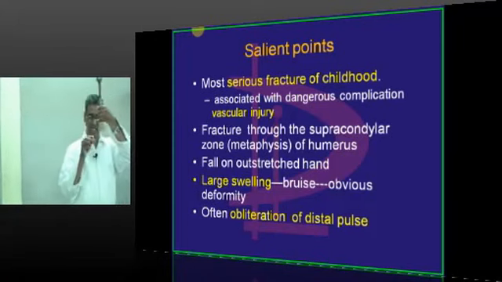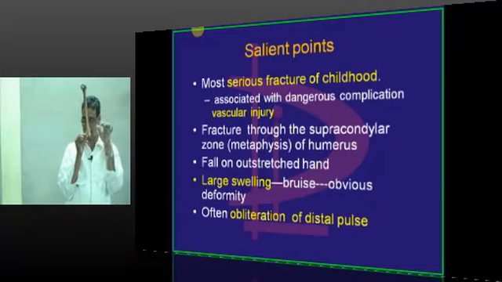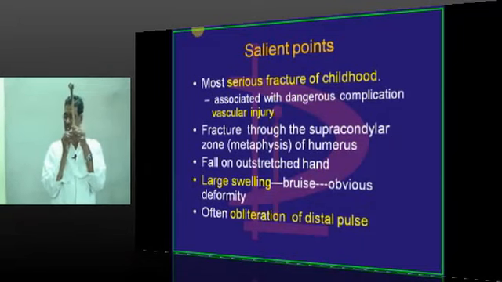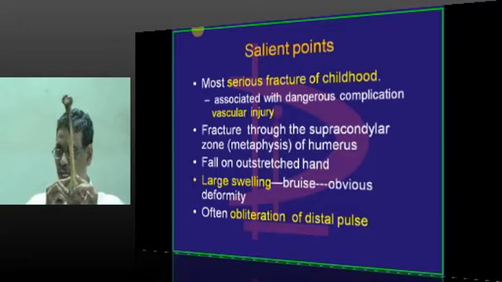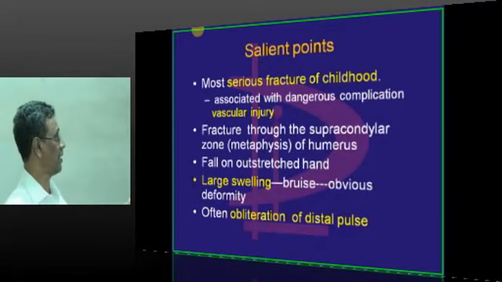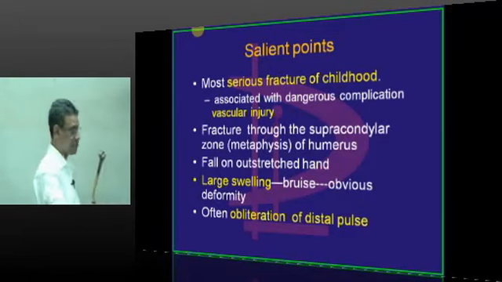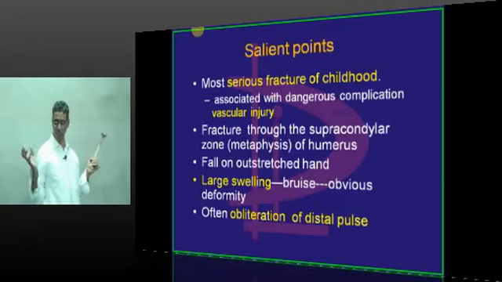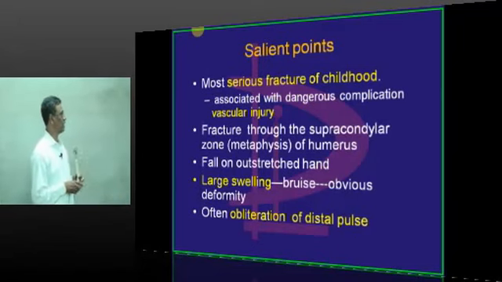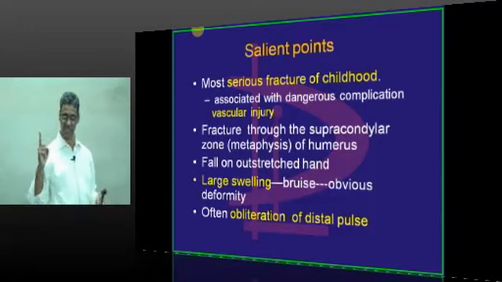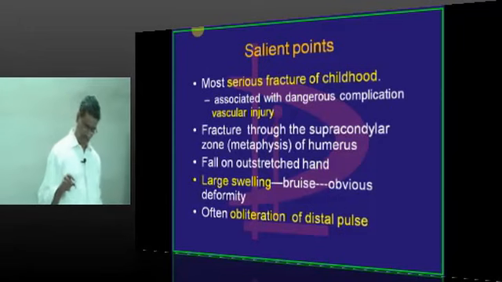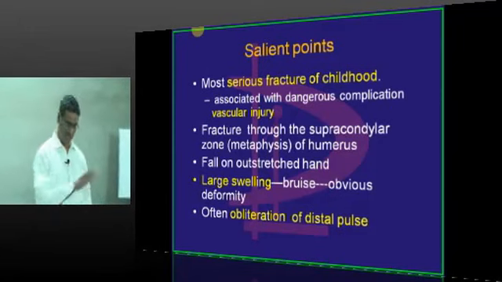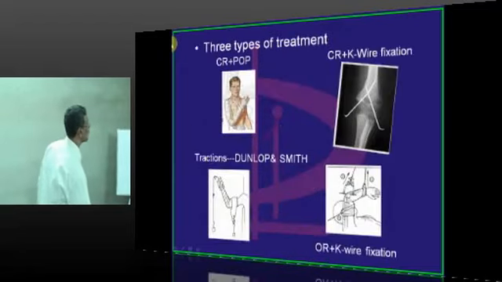Supracondylar means there are 2 pillars. This is one condyle, this is another condyle. One is capitulum and the second is trochlea, above the condylar levels. The mechanism is a fall on an outstretched hand. Large swelling, bruise, that means ecchymosis, is there. Obvious deformity will be there. And then often obliteration of the distal pulse. Because of the swelling, there may be obliteration of the distal pulse. These are the important clinical points.